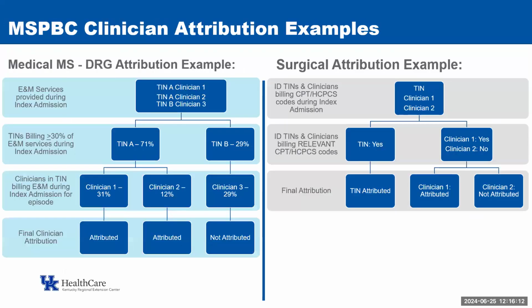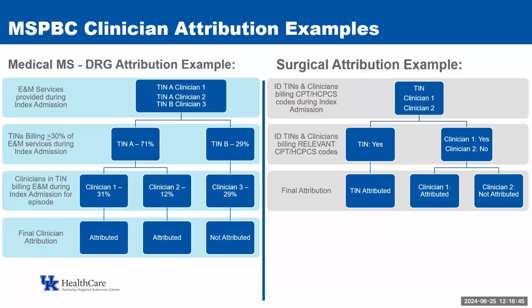So let's talk a little further about the actual attribution, because I think it's good to sometimes have a visual of what that looks like. When we're talking about the medical, looking at the MS-DRGs, those E&M service codes that are billed during that index admission and during that window, in this example you have 2 different tax IDs but 3 clinicians. In TIN, organization A, you have 2 clinicians.